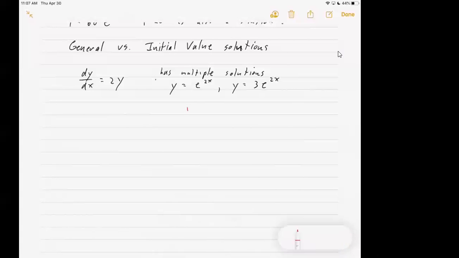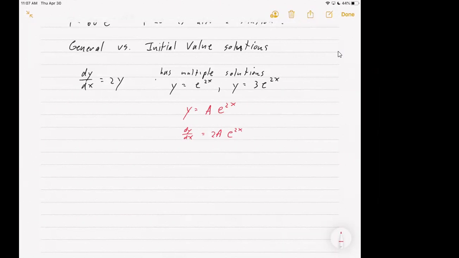In fact, anything in the form of y equals, let's make this an a for a constant, times e to the 2x will in fact be a solution. All right, it will work because if you take dy/dx, the constant a is going to stick around, so you will have 2a e to the 2x being the derivative.